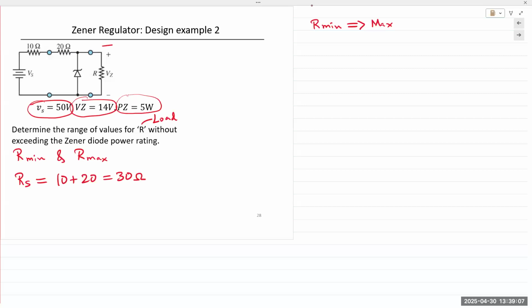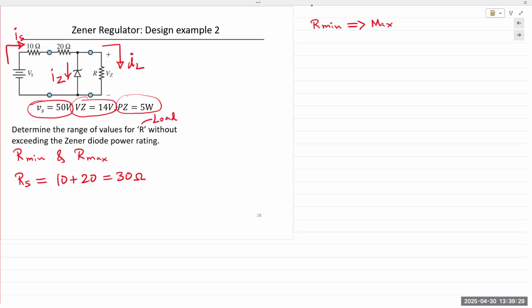Let's call these currents IL, IZ, and IS, coming from the supply. Standard KCL: IS is equal to IL plus IZ.